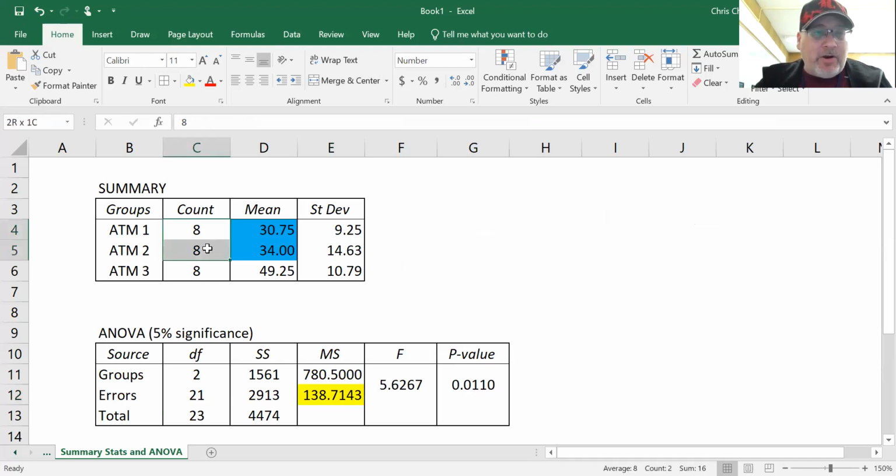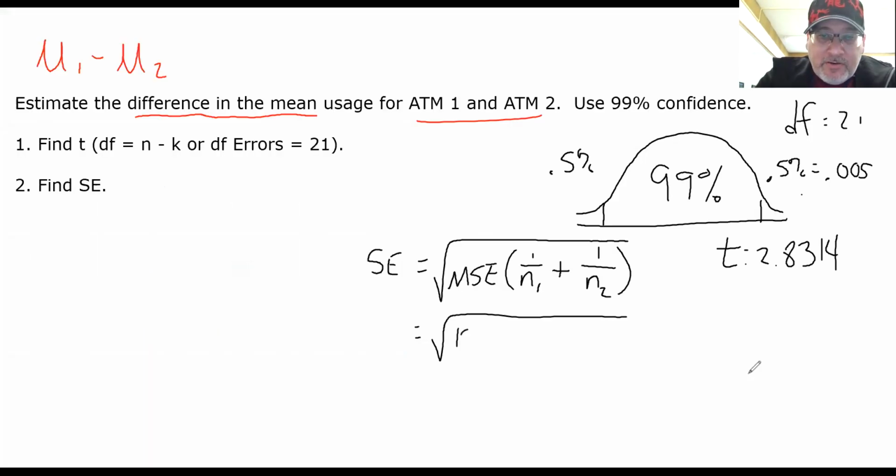And while we're at it, our two sample sizes are both 8. That's pretty easy to remember. So it's the square root of 138.7143 times 1 over the first sample size plus 1 over the second sample size.